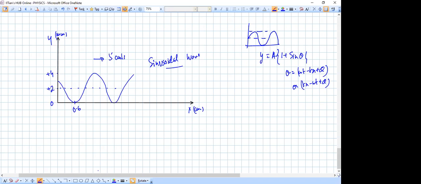Now when you look at this, you can see that this point corresponds to a phase of 5 pi by 6, because in a standard sine graph, you know that this is 5 pi by 6, and this point corresponds to 3 pi by 2.